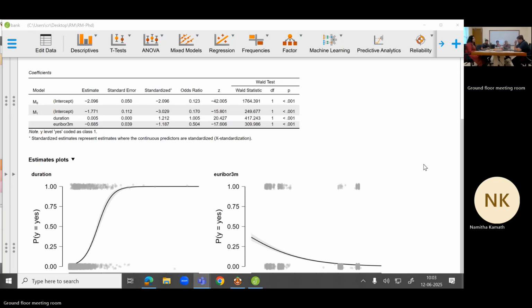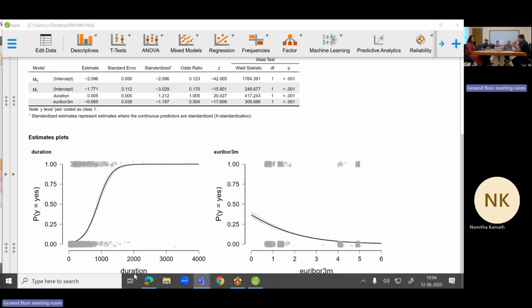Okay. Now, the idea here is that we are having two aspects. One is how the independent variables explain the classification scheme. Like, for example, duration.